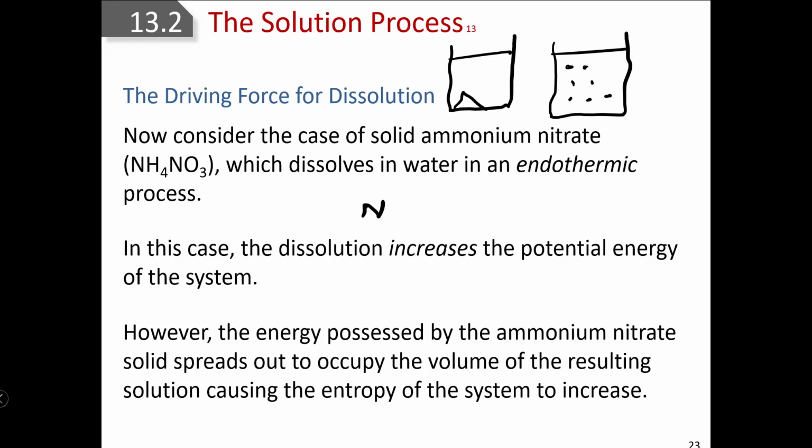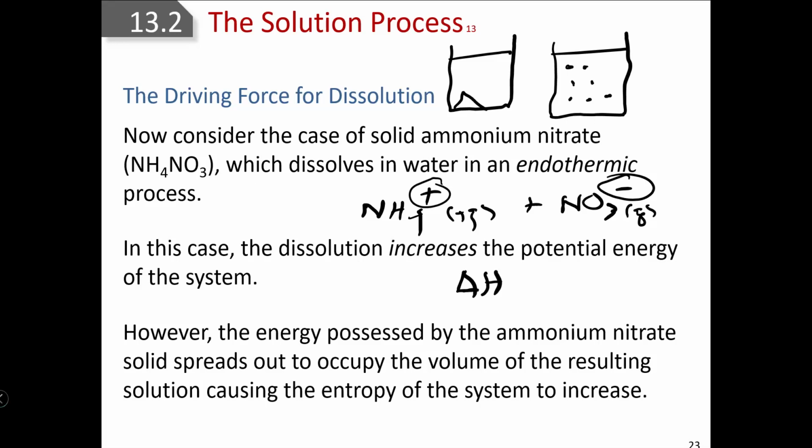It takes energy to separate the ammonium ion, aqueous, dissolved in water, and the nitrate ion, aqueous, dissolved in water, because there's a fairly strong chemical attraction between these two ions, or intermolecular force, if you want to think of it that way.